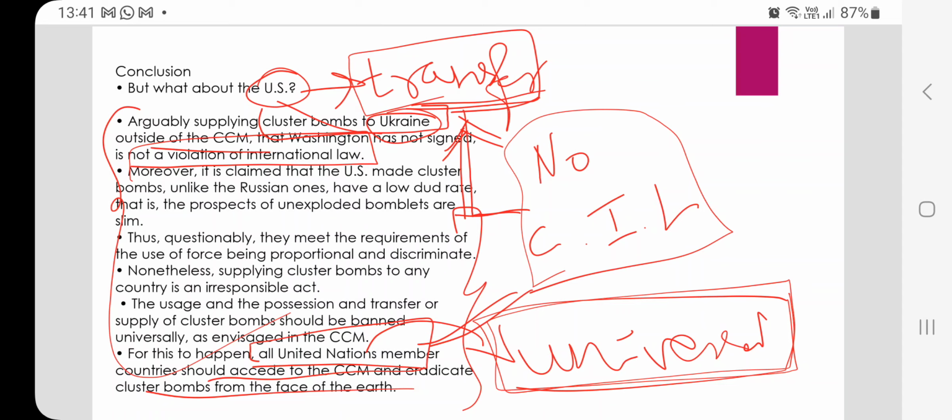So these countries should push other major powers like Russia, Ukraine, India, and the US to adopt the convention and get rid of cluster bombs from the earth. This is what the writer is saying in this article, as he is arguing. The content is relevant to GS Paper 2, which is more important.